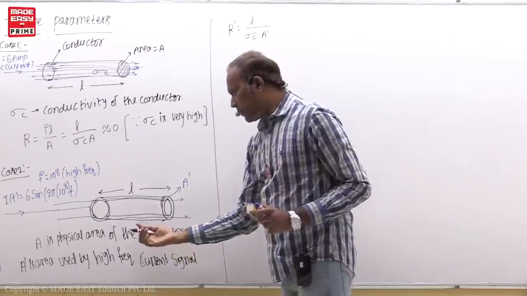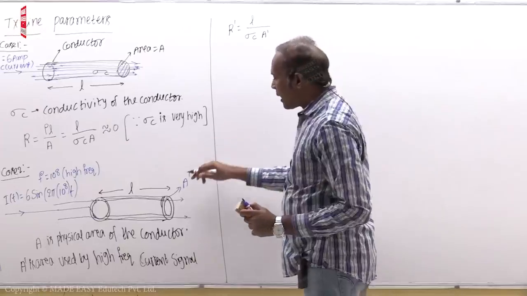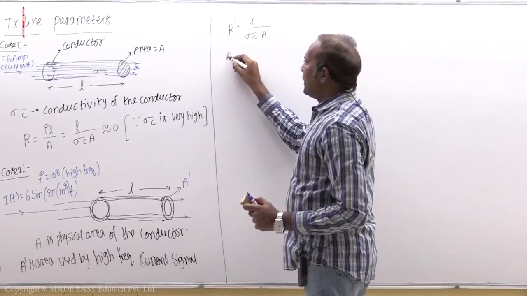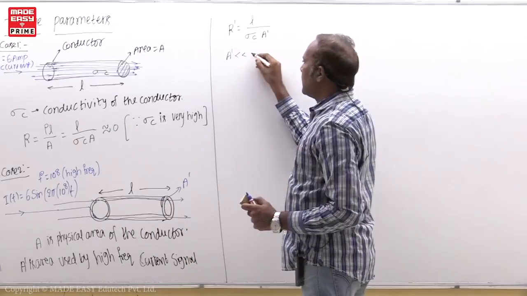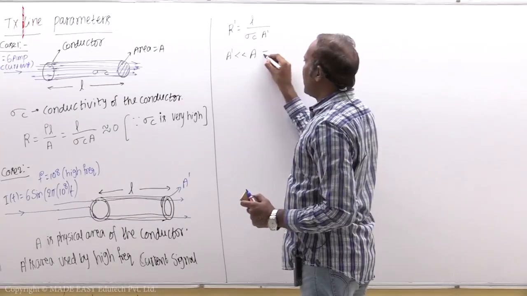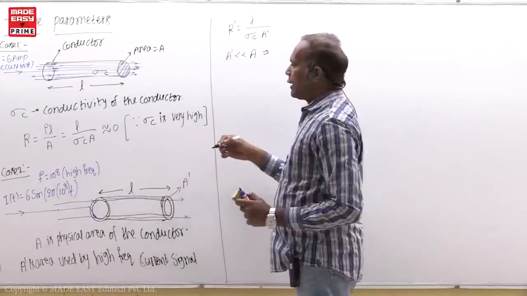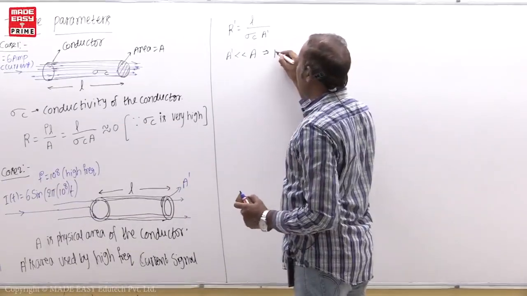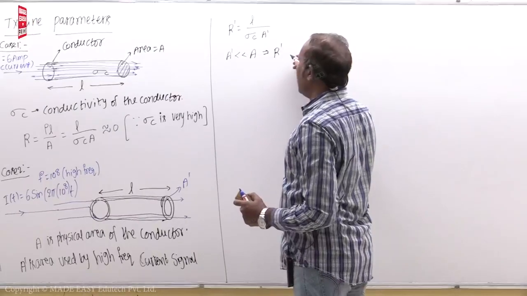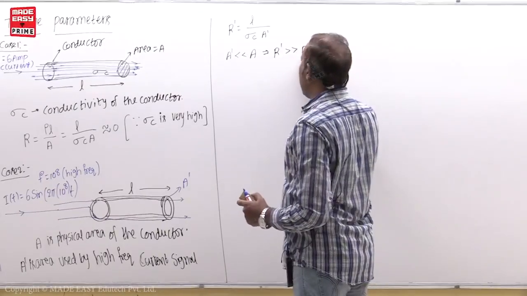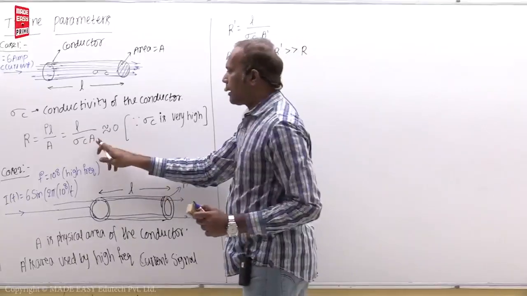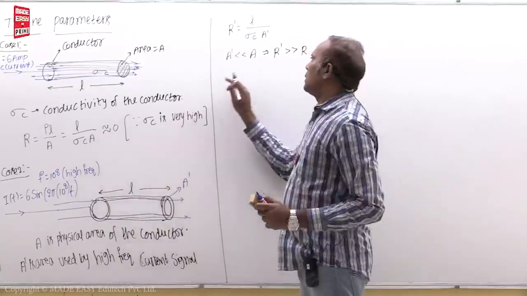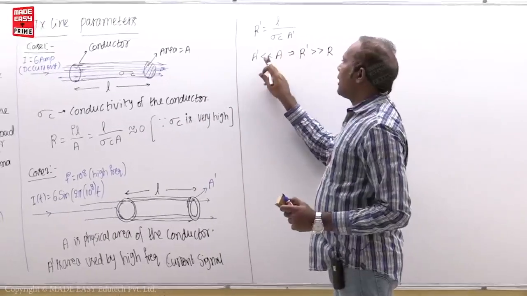So wherever current goes, that area you have to write. Here A dash is much less than A, which implies R dash is much greater than R. In R, the denominator area value is more, but here the A dash value is very less.